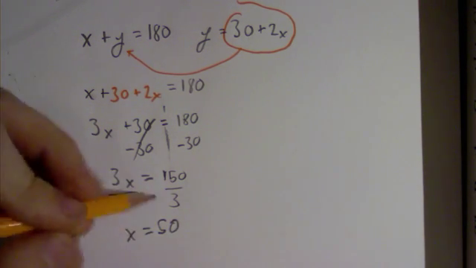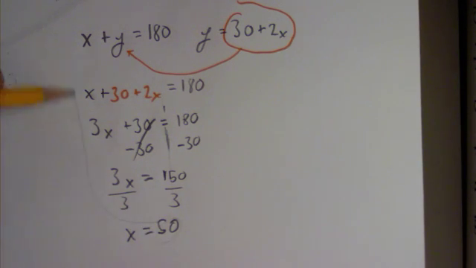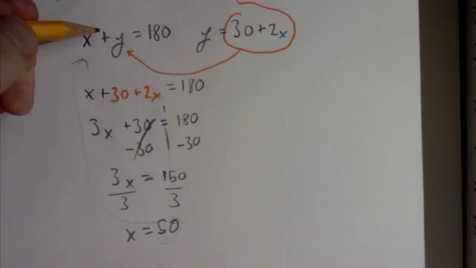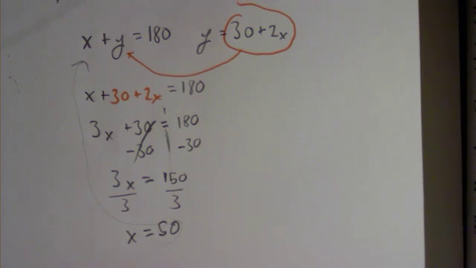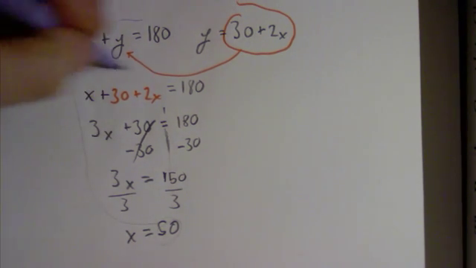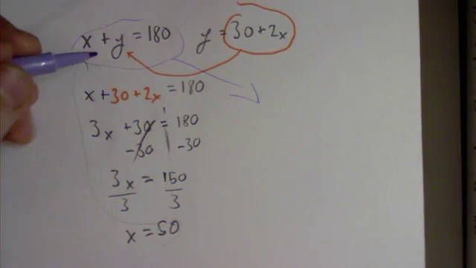Now finally, I can take x equals 50 and plug it back into my original equation to find out what y is equal to. I'll rewrite this equation over here as x plus y equals 180.